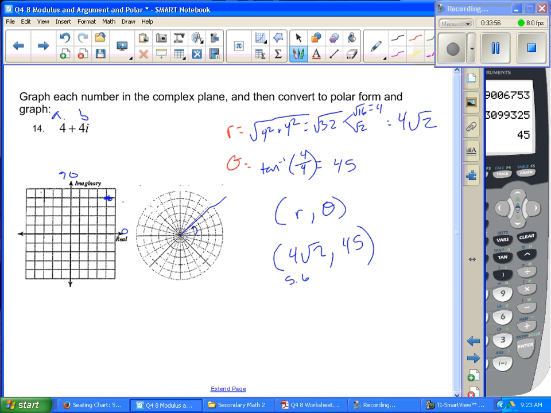So I count out 1, 2, 3, 4, 5, 6. About 5.6 would be almost halfway between the 2 circles, and you put a point. Now when you compare this with the coordinate plane over here, those 2 points are roughly in the same spot. And they should be in the same spot if you really did convert correctly.